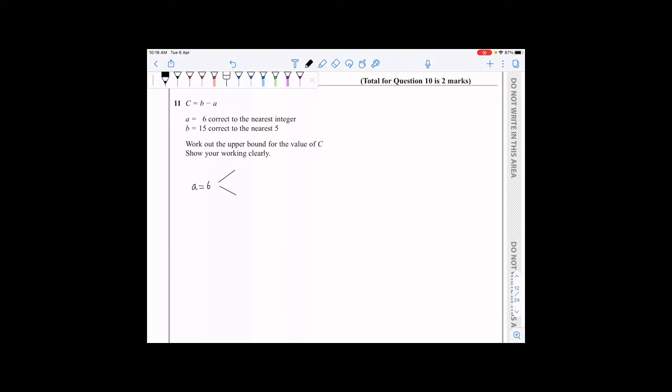If a is 6 to the nearest integer, then we know that a could be anything between 6.5 and 5.5, whereas b being 15 to the nearest 5 means that we can go plus minus 2.5. The fact that we are to the nearest 5, I'm going to do plus minus half of that. So it's 17.5 and 12.5.